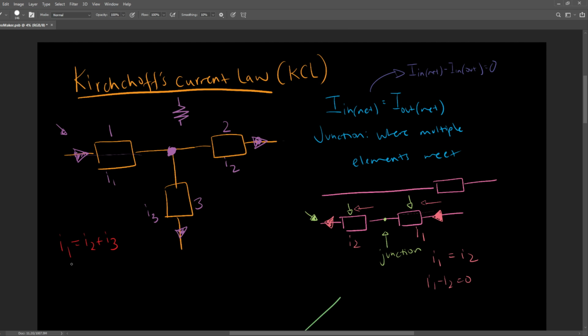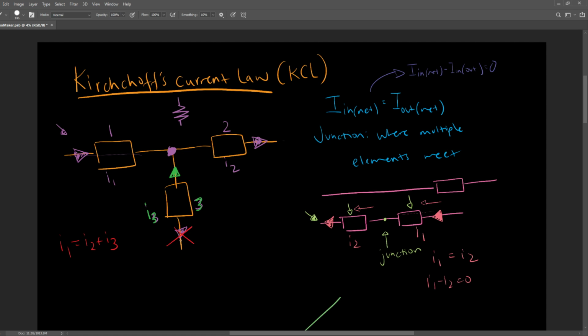And so you might want to ask, well, what if this arrow was wrong? What if we wanted a different arrow? What if I said that I3, I'm going to color this in green, flowed in this direction?